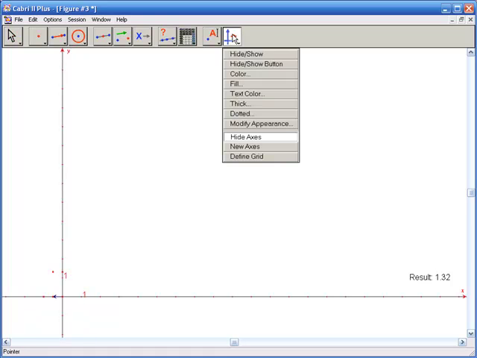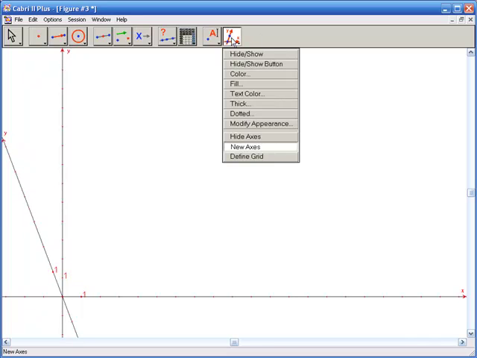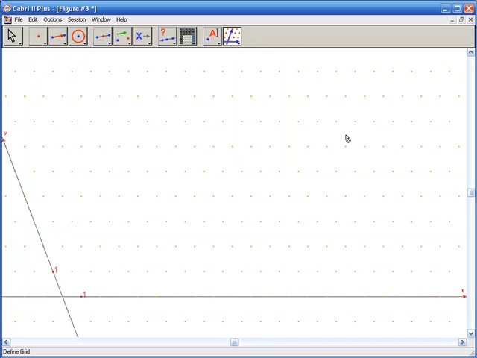Now we're just going to hide some stuff. Set up our new axes. Hide the old axes, set up the new grid. Okay, that's Z[i] times the square root of 7, or the maximal quadratic ring.